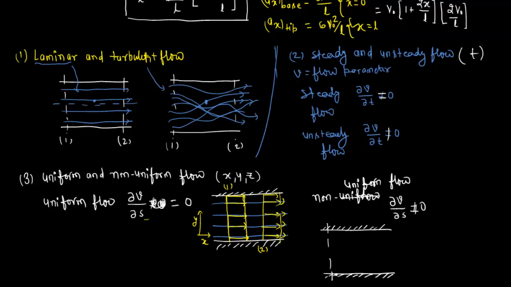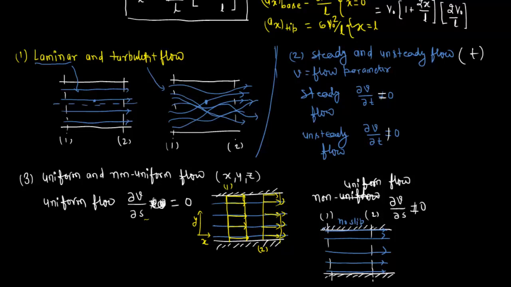So if we take two stations, station 1 and station 2, and there is some laminar flow here, with this as the flow direction, then since there is some viscosity, there is the no slip condition at the boundaries.